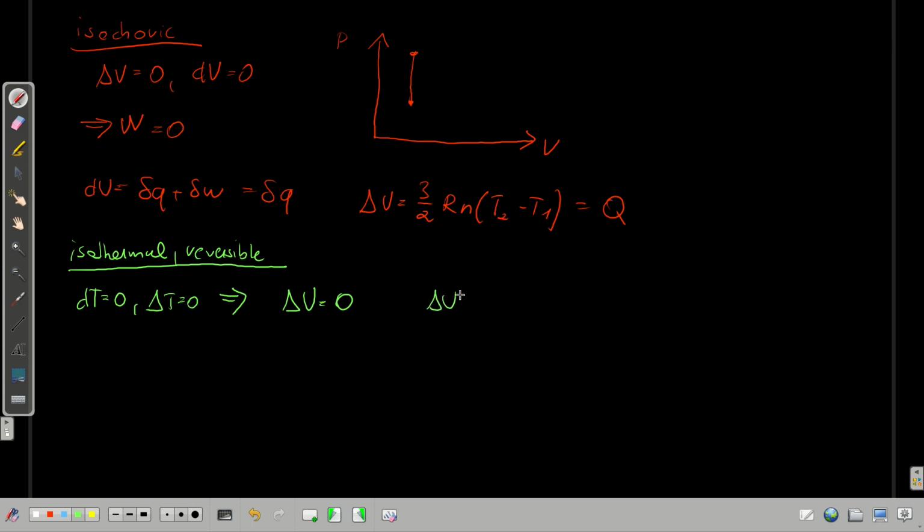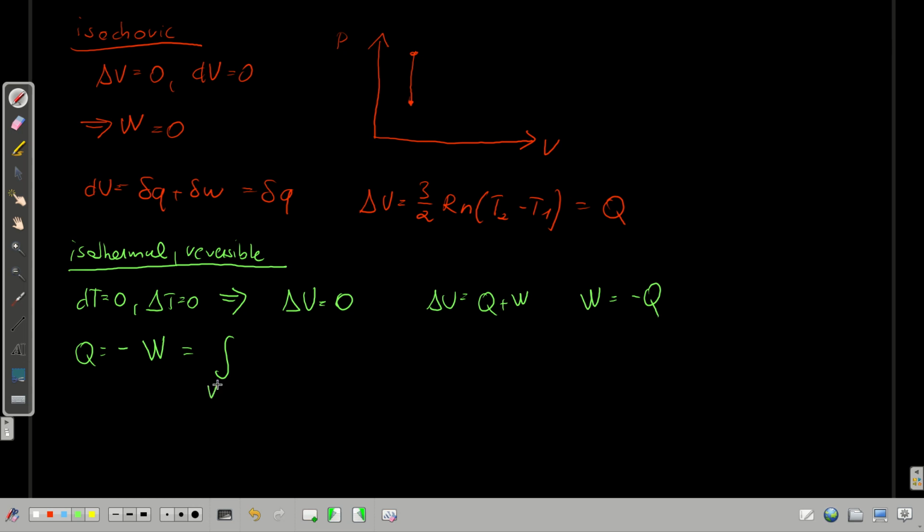And remember, dU equals Q plus W. This means that W equals minus Q. This is since here is a negative sign, and then here the negative sign drops for the expression of the work.